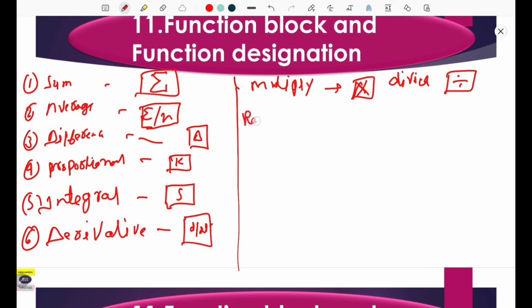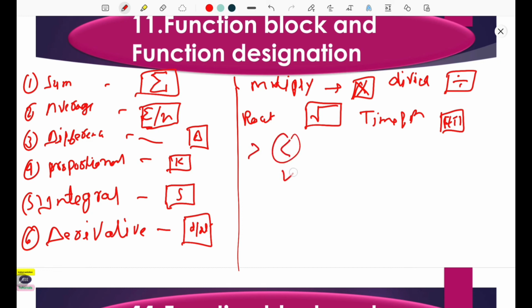If you want to show root, this symbol is used. If you want to show the time function, then f(t). If you want high selection or low selection, this is the low selection, this is the high selection.